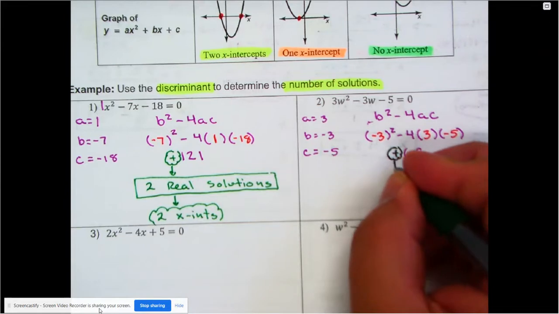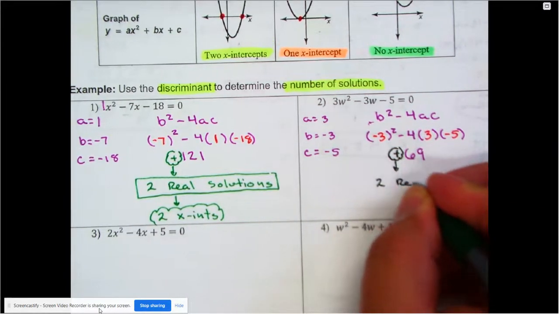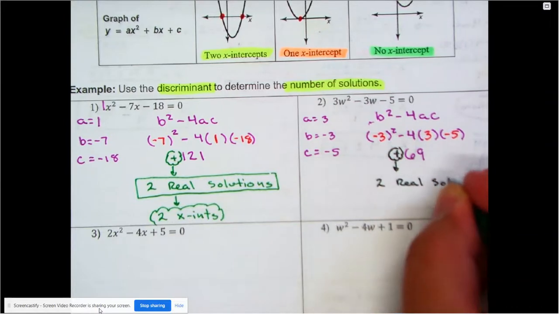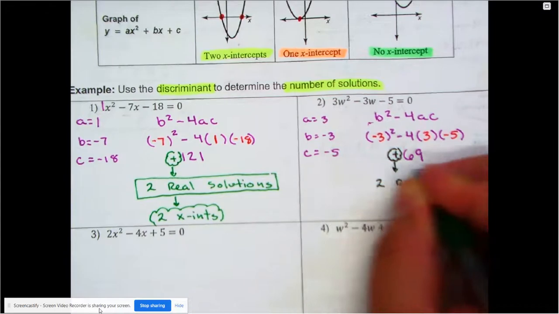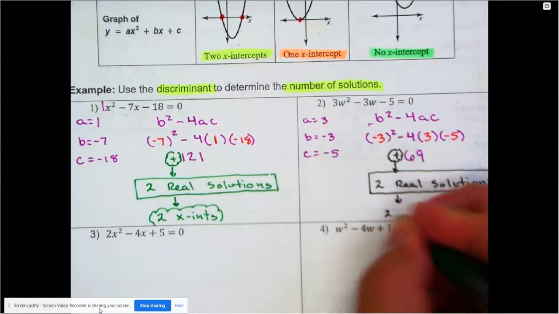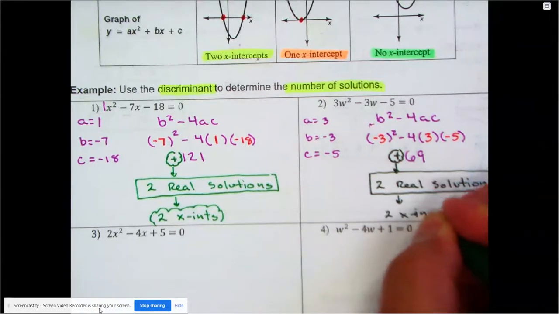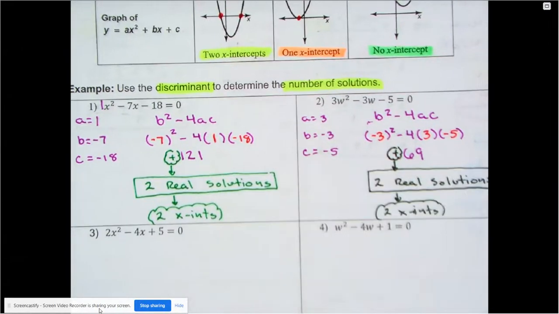And if my answer is positive, then it means I'm going to have 2 real solutions, also known as roots, as zeros, and most importantly, also known as x-intercepts. So I would have 2 x-intercepts. But again, on your homework, all we need is the 2 real solutions written out.